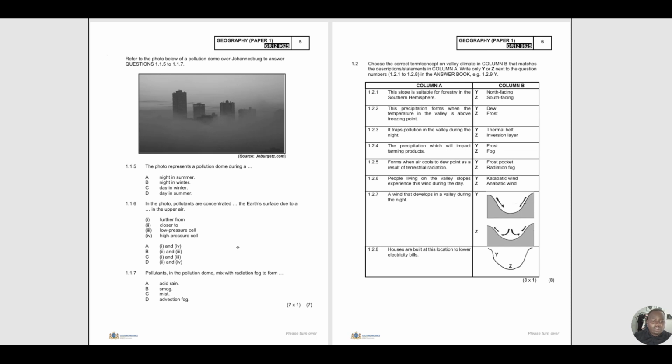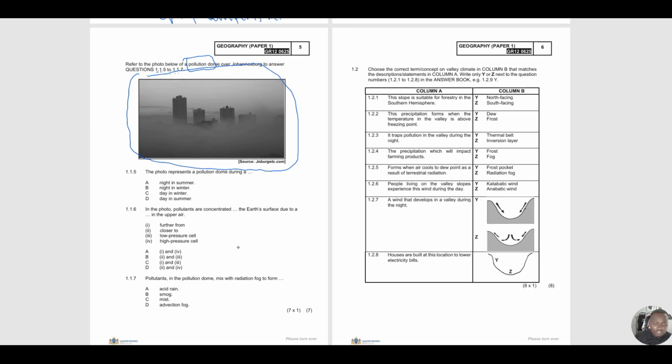Now refer to the photo below of a pollution dome over Johannesburg to answer questions 1.1.5 to 1.1.7. So we can already see here that there is pollution, and we're told pollution dome. So let me explain pollution dome.